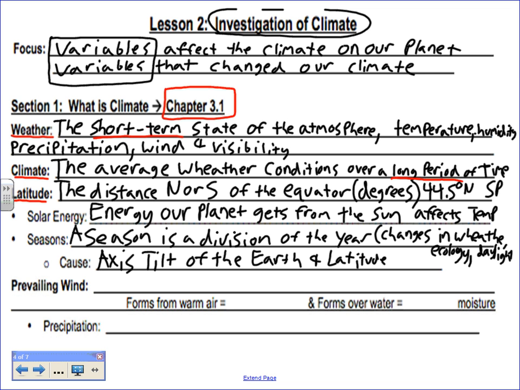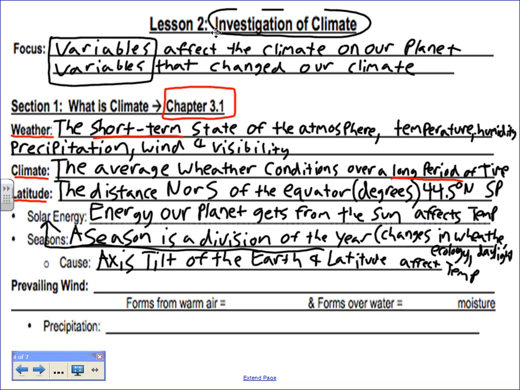And these affect the temperature. Okay, and remember, latitude is related to solar energy. Okay, and that affects the temperature.